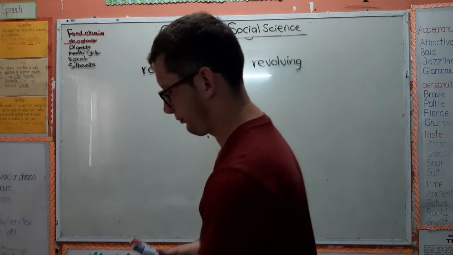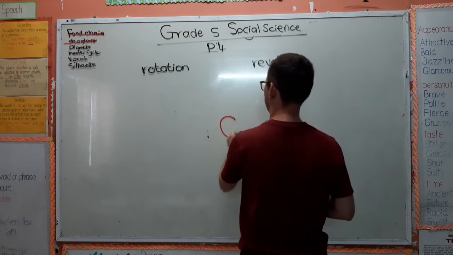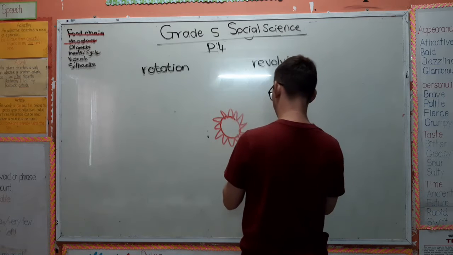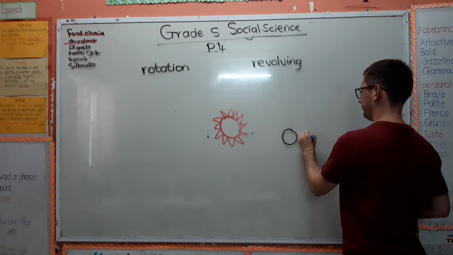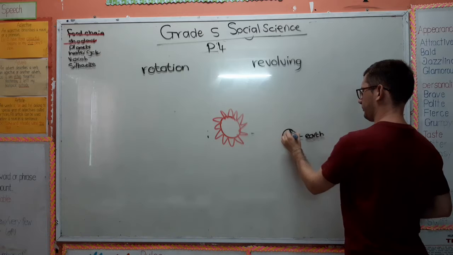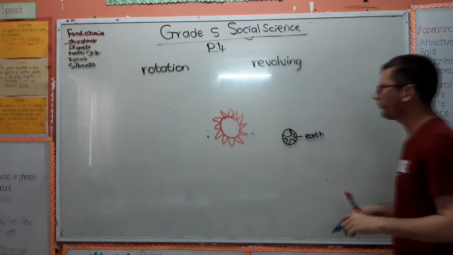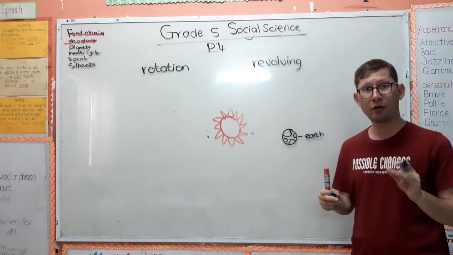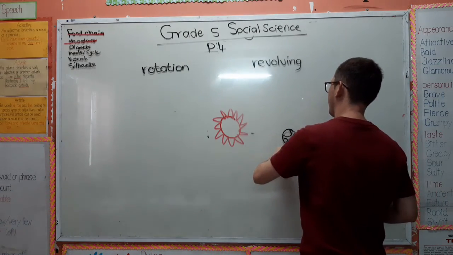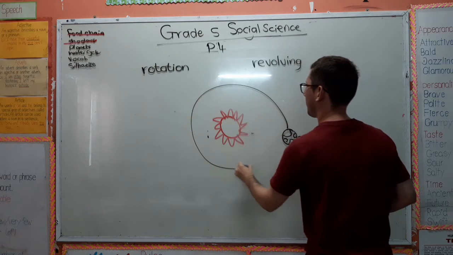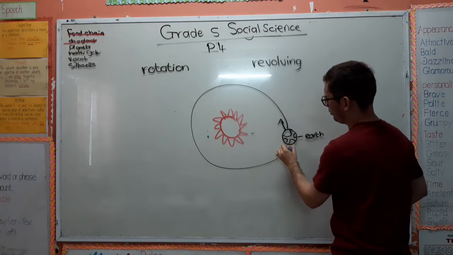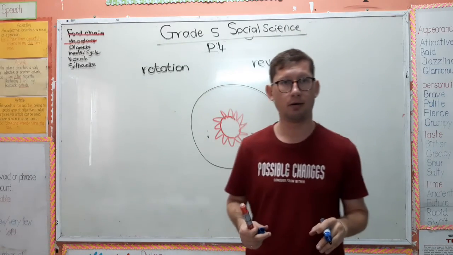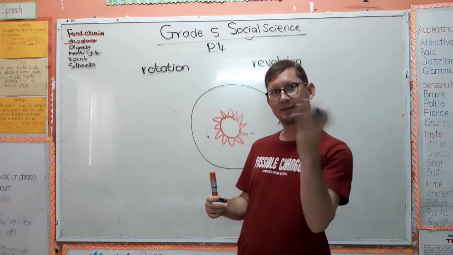Okay, so we have the Sun. Okay, and then we have Earth. Do you know that Earth revolves around the Sun, meaning Earth revolves around the Sun, but Earth rotates on its own axis.